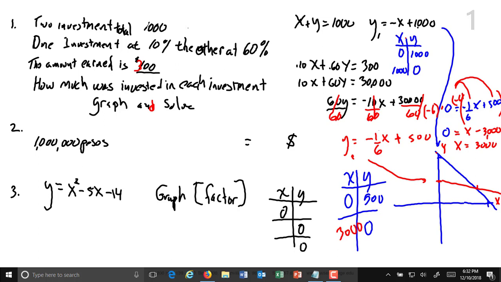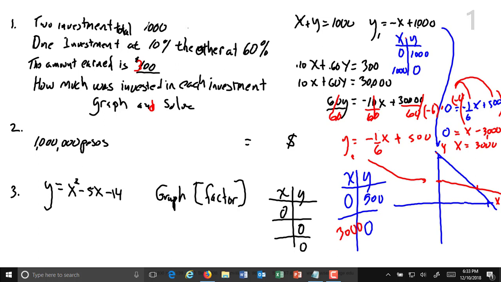Now I'm solving for y, so I divided by 60. Each component was divided by 60. I subtracted 10x, you see it right here? Then y is minus 1/6 x, and 60 will go into 30,000 500 times. So that's equation number 2.